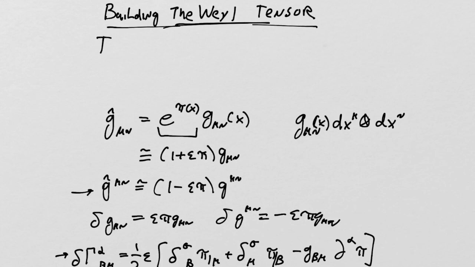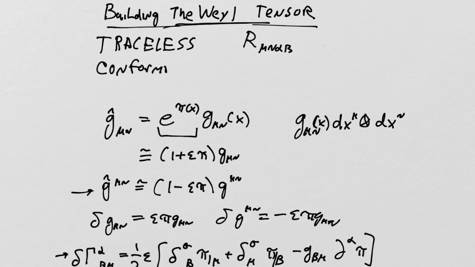We can think about the Weyl tensor as the traceless part of the Riemann tensor, R mu nu alpha beta, or we can think of it as the conformally invariant part of the Riemann tensor. And they both give us the same answer, right? They both give us the same answer, but they're totally different in technique.